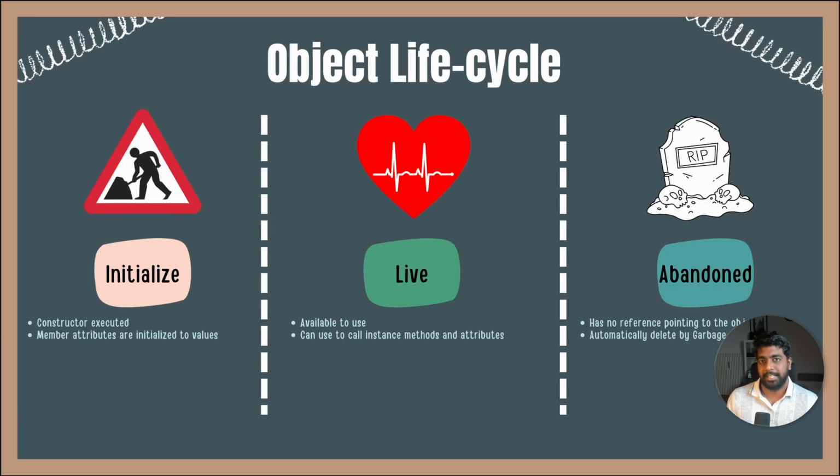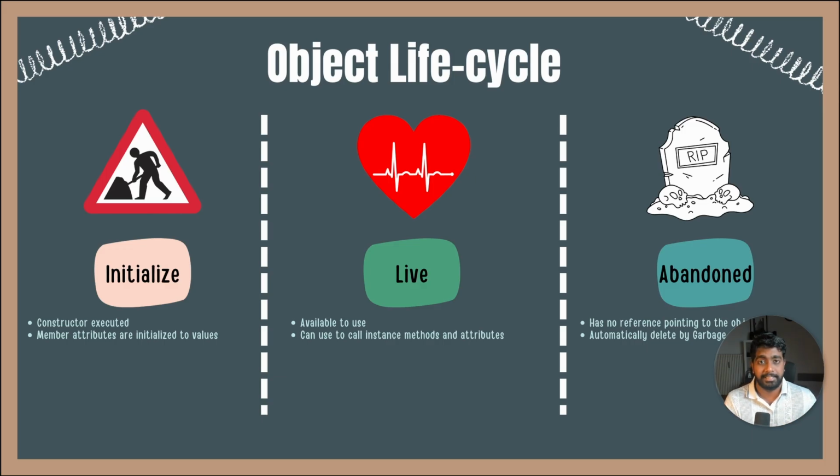Objects have a life cycle. They are born, they live, and they die. So when we ask Java to create an object from a class, Java initializes or constructs that object through a special sequence. We call it the initializing phase. Once the object has been initialized, Java will return back to us and say, okay, your object has been initialized.